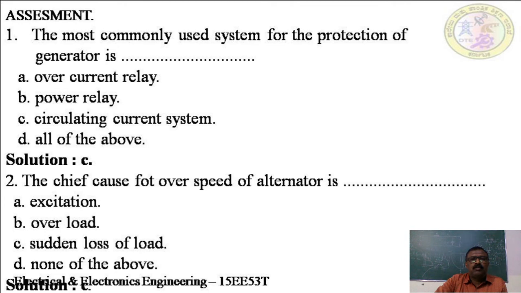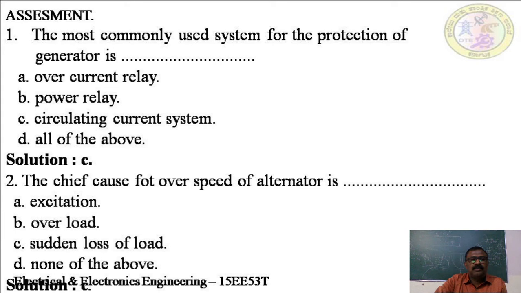Question number 1, the most commonly used system of protection of a generator is: A overcurrent relay, B power relay, C circulating current system, and D all of the above. The most commonly used system for protection is, as we discussed, the circulating current system.